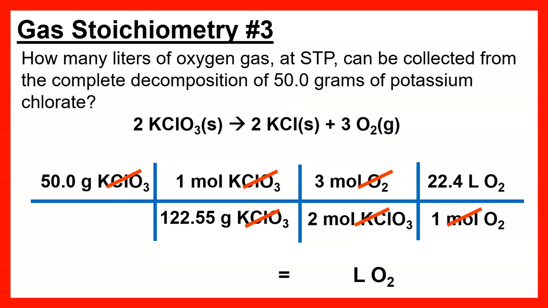I punch all of that in my calculator. I'm careful with my parentheses, and I find out that when 50 grams of potassium chlorate decomposes, the gas that gets made will occupy 13.7 liters. That's how much space it will take up.